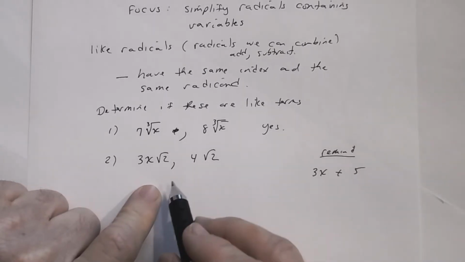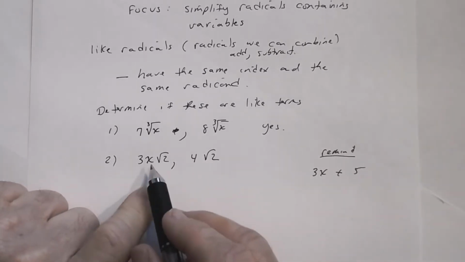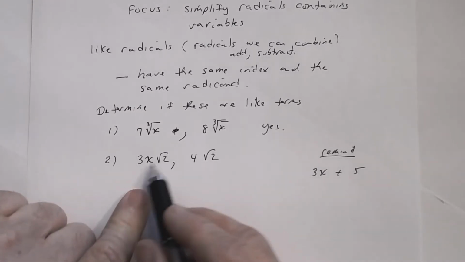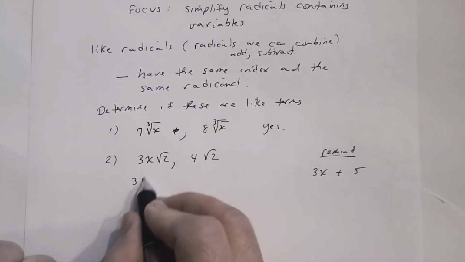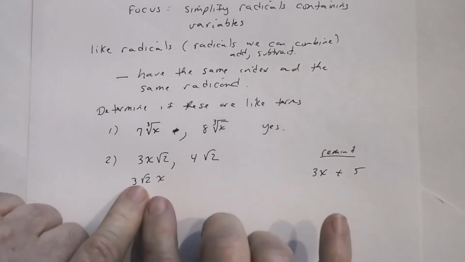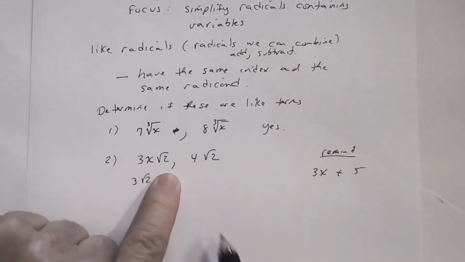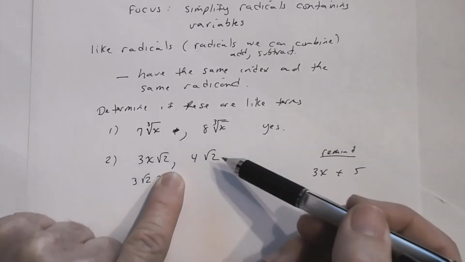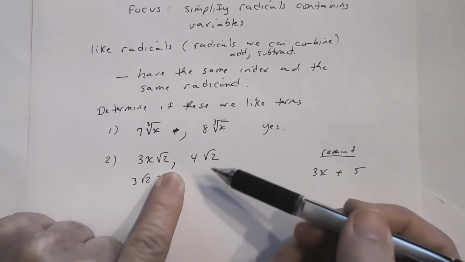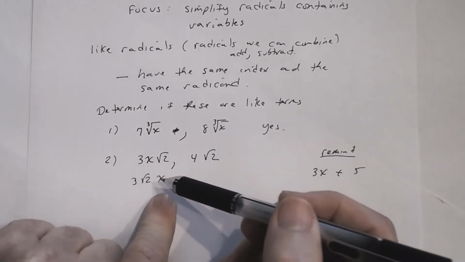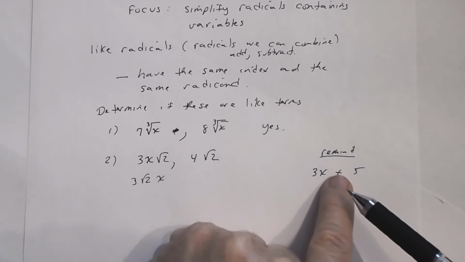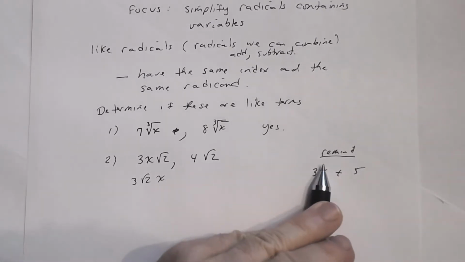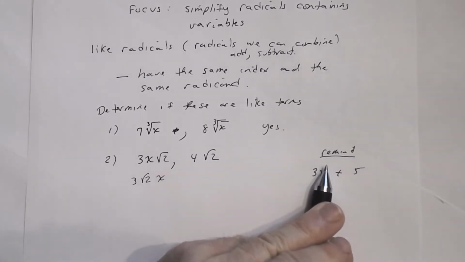The same thing applies here. If you want to rewrite this, you can rewrite it as 3 square root of 2 times x. Notice, if that x wasn't there, would these be like terms now? Yes, those are like terms. But the fact that I have an x there, just like over here, if that x wasn't here, then I could combine 3 and 5. 3 plus 5 is 8.